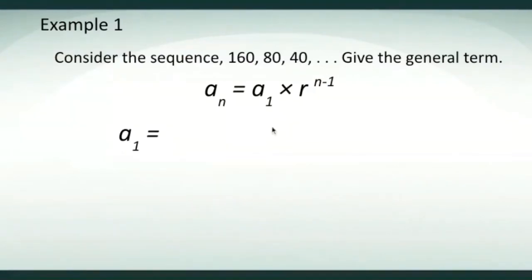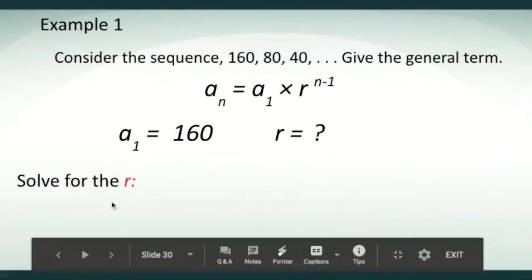Do we have the a sub 1? Yes, 160. Identify the value of r. Not yet, right? So a sub 1 is 160, and r is the one that we are going to solve first.